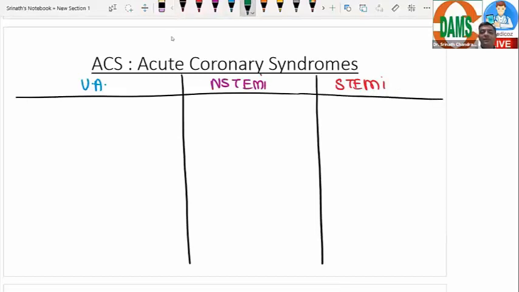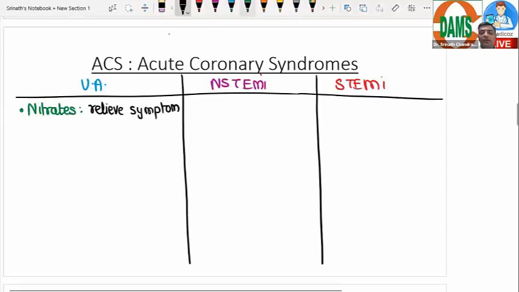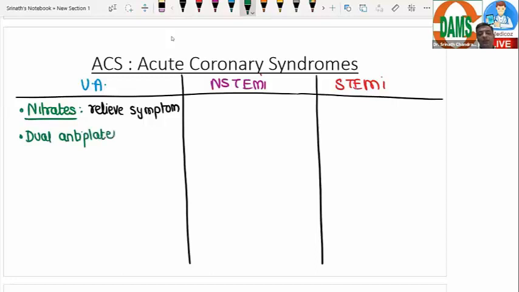In unstable angina, in all angina, we need to start with nitrates to relieve the symptom. You want to start the patient on dual antiplatelet, loading them with it.